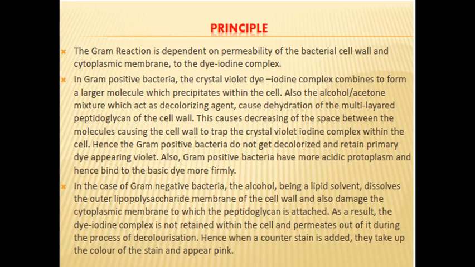Here also the shrinking occurs due to the dehydration, but the pore opening is large, and that's why this pore is not completely closed. Now at this stage, in gram positive bacteria the pores are completely closed, but in gram negative bacteria the pores remain open.